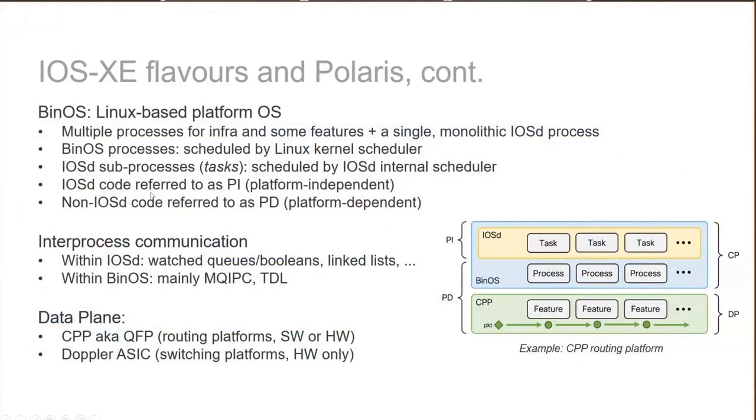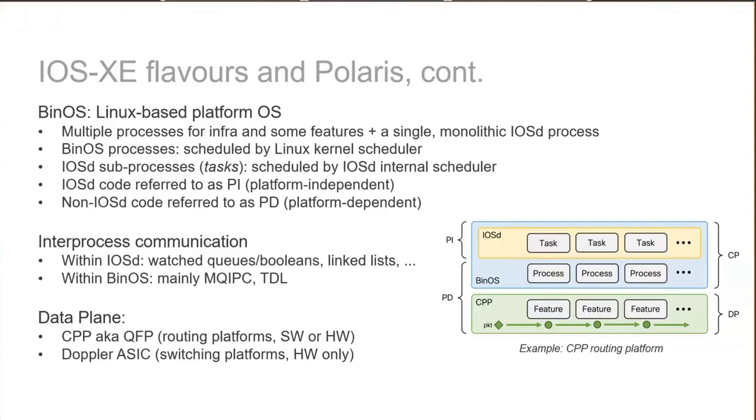So the code that runs as IOSD, the daemon process, that is PI, platform independent. So that will be the same across all the platforms. But any other code that is running on non-IOSD, like we have FMAN, CMAN, those processes, those are referred to as platform dependent processes.